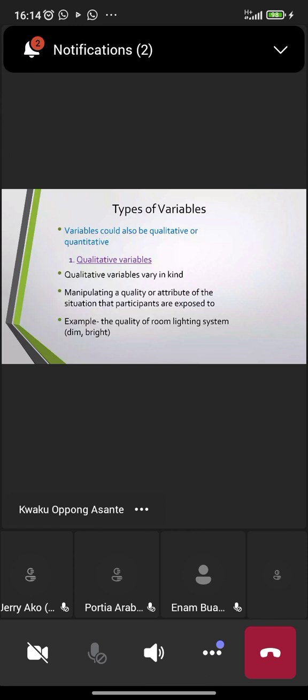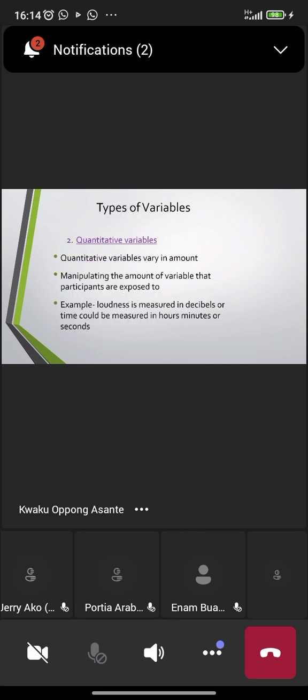For example, we can vary the lighting system in the room, and it can be dim, bright, or extra bright. So qualitative variables are variables that vary in kind. But if it is not qualitative, then it can be quantitative. Quantitative means it varies in amount.